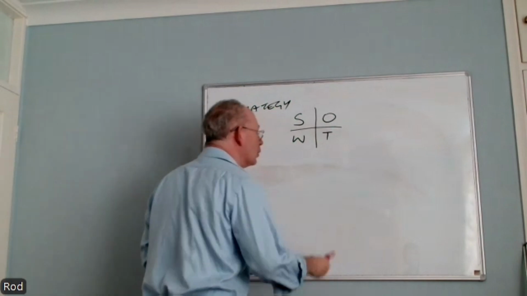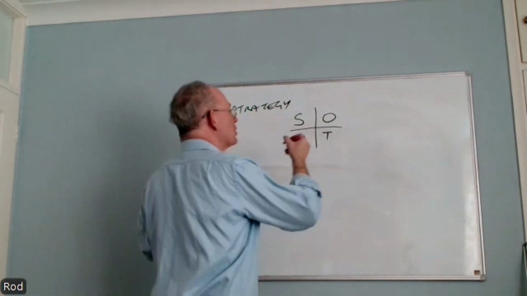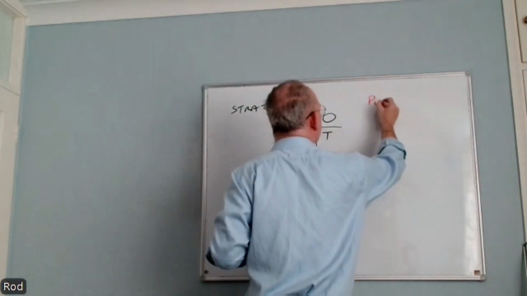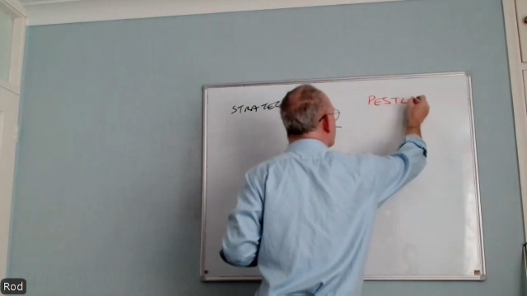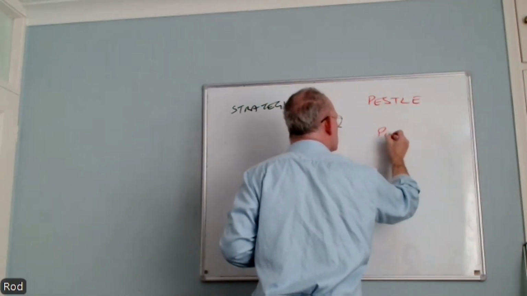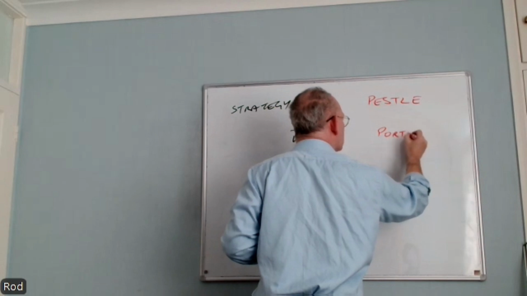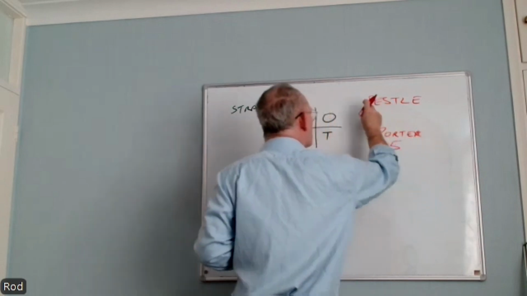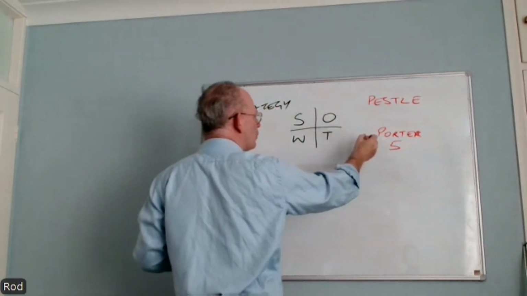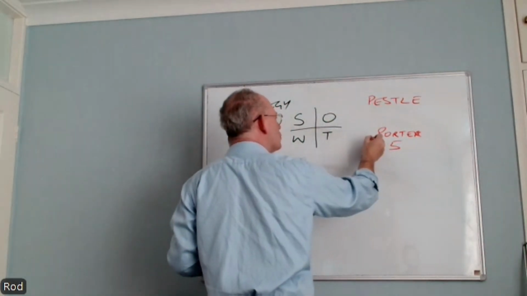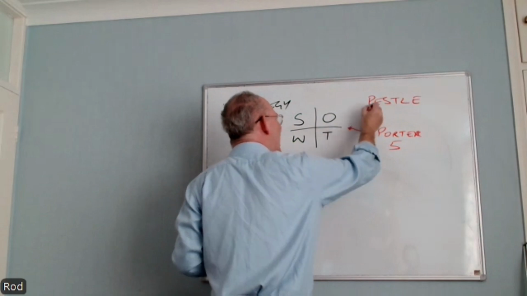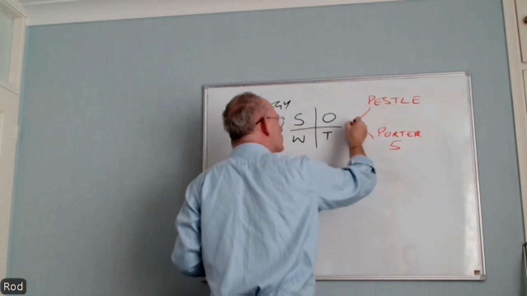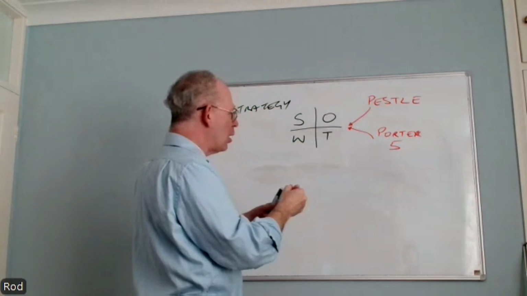To make this happen, we need to be thinking about such things as our PESTLE and my Porter's 5 Forces. Within my PESTLE and Porter's 5 Forces, these are feeding into the opportunities and threats. Opportunities and threats are external sources.